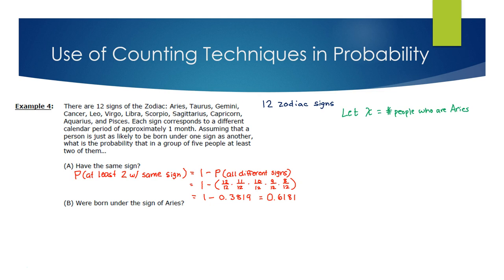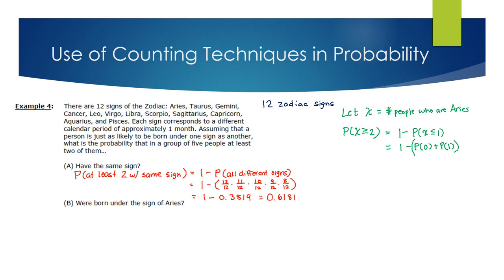For part B, I'm going to let X be the number of people who are under the sign Aries. Under those conditions, the probability of X being greater than or equal to 2 equals 1 minus the probability that X is less than or equal to 1, which means 1 minus the probability of 0 plus the probability of 1.